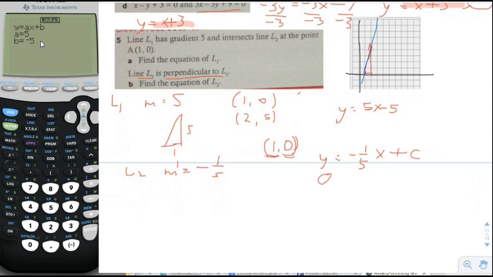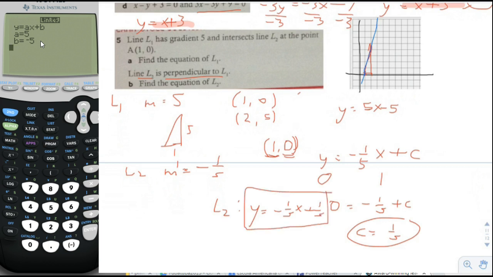So we put 0 here and 1 here, and we have 0 equals negative 1/5 plus c. So if we add 1/5 to both sides, c equals 1/5. So actually, the equation for L2 is y equals negative 1/5 x plus 1/5. Okay? All right. That's it for this problem set.